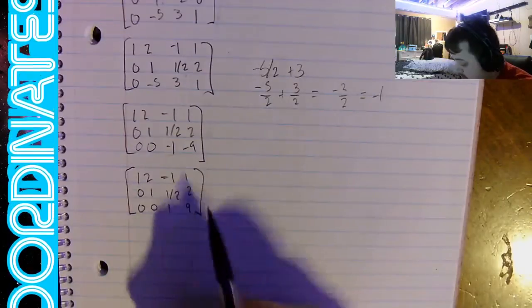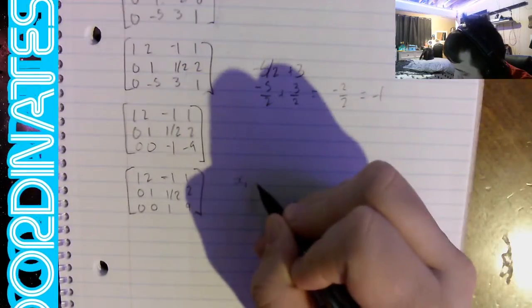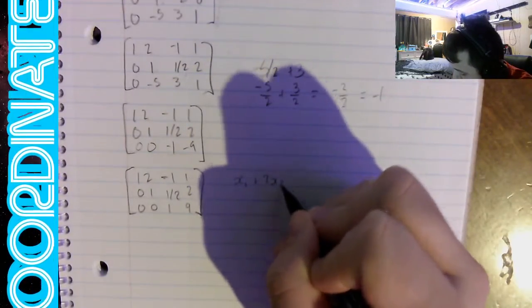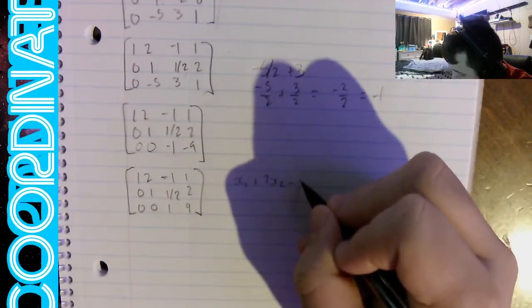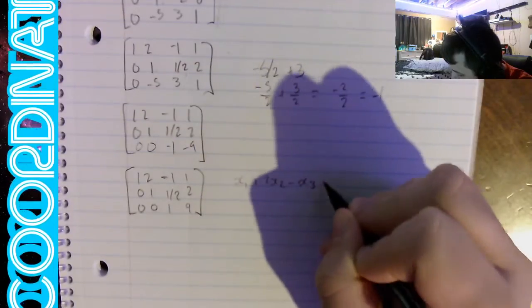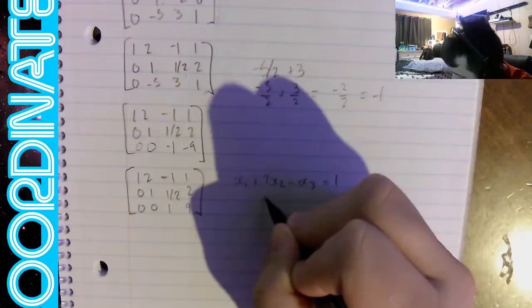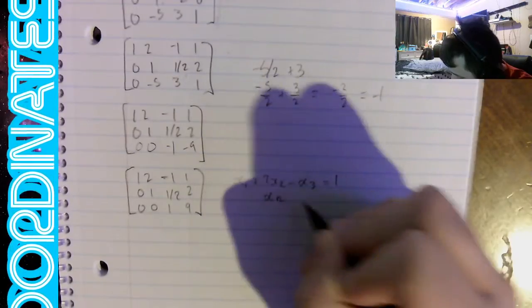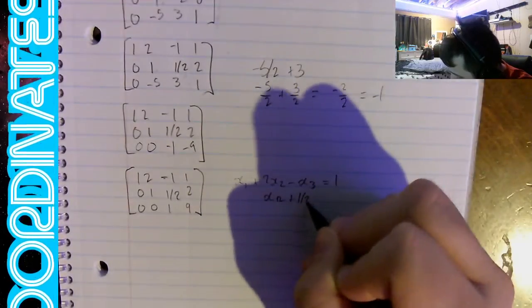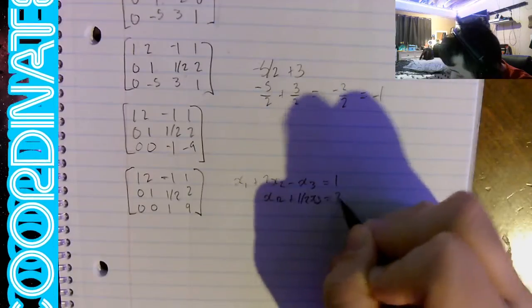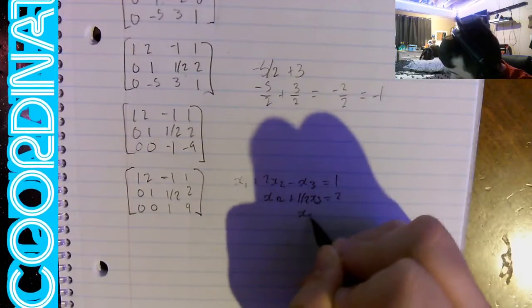Now again, this will look like this right now. If you bring it back to the linear equations, x1 equaling 1, x2 plus 1 half x3 equaling 2, and x3 equaling 9.